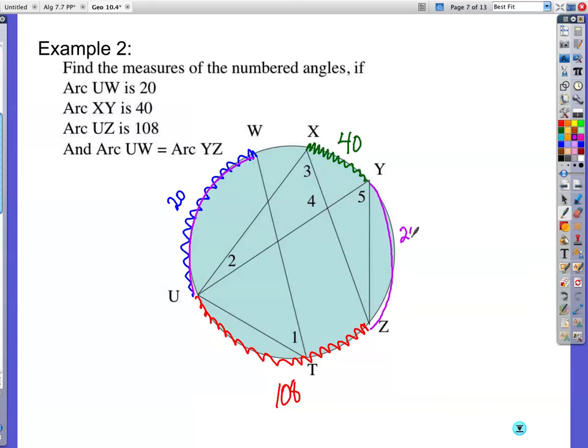I'm going to put 20 right there, so I already know. Find the measures of all the numbered angles.